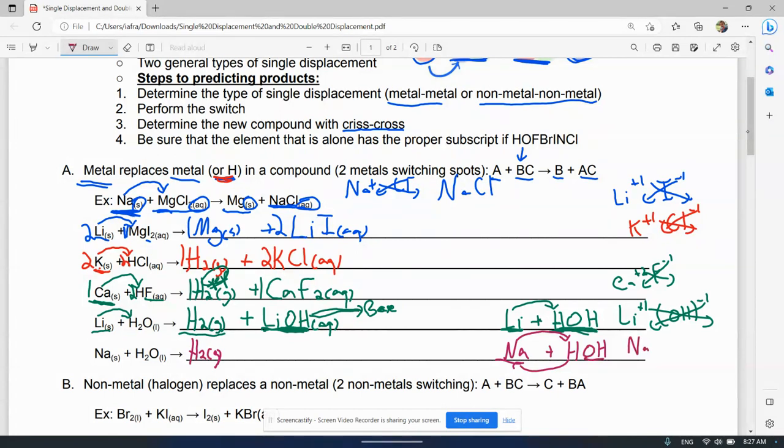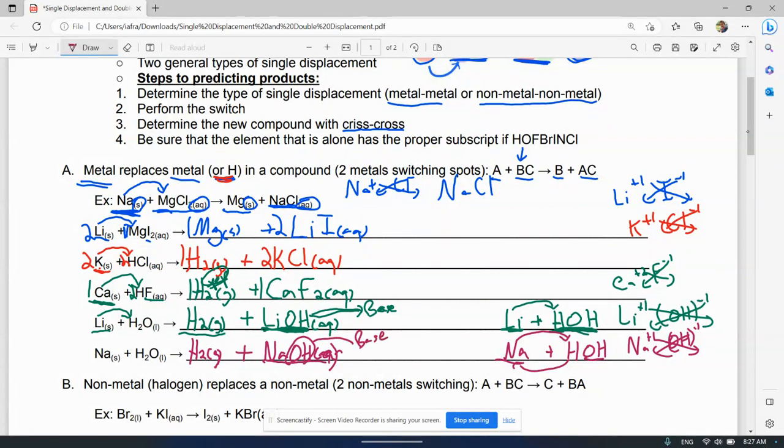So Na plus 1, OH minus 1, crisscross it, and you get NaOH. And you could put aq. So what you've done there is you've done a single displacement with the alkali metal and water. You produce hydrogen gas and, once again, a base.